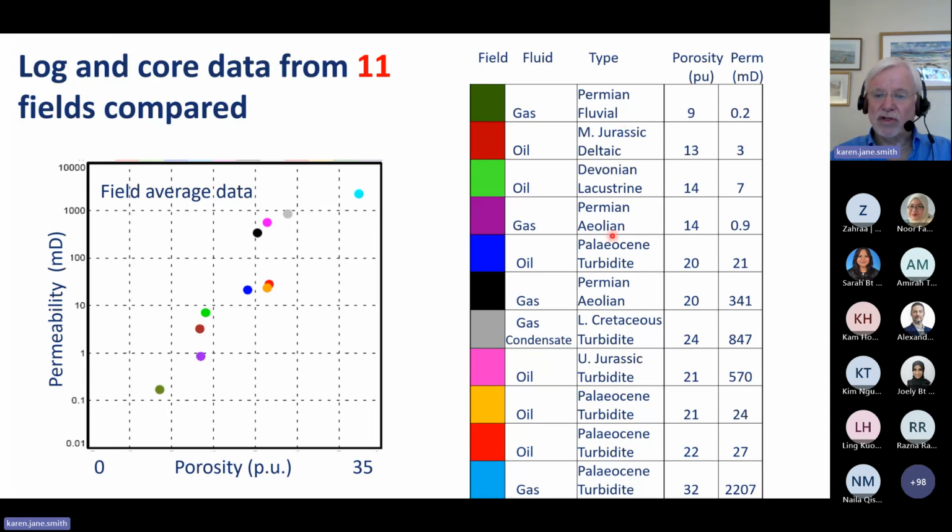Again, we've got many different types of reservoir, aeolian, fluvial, and so on, and different kinds of fluids. So in this complexity, what does the BVW function look like? This shows the poro-perm plot. Generally, as porosity increases, the permeability increases as well.